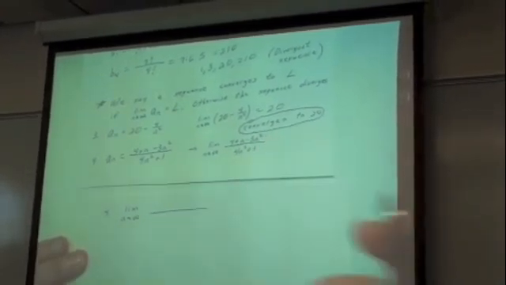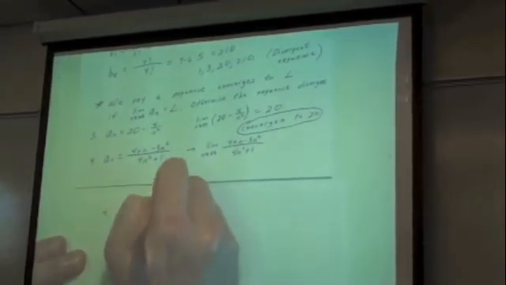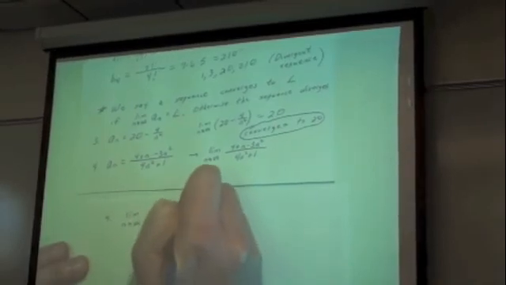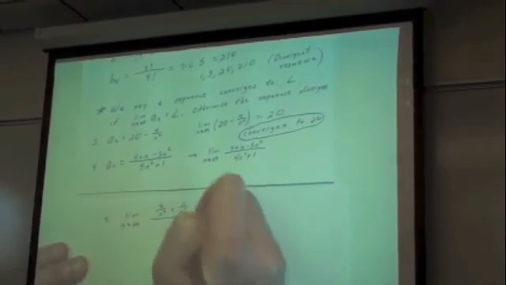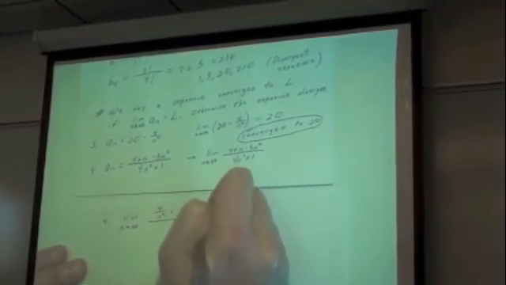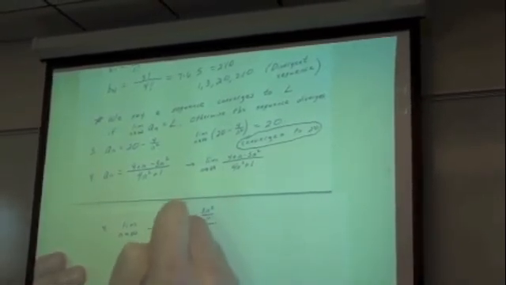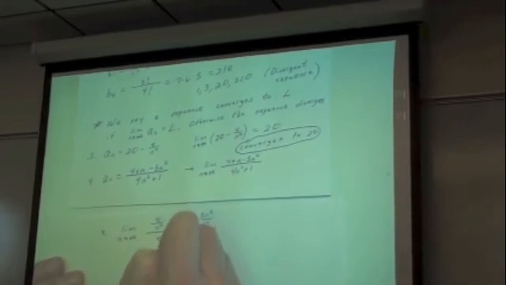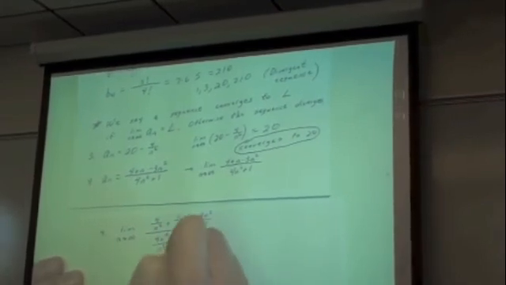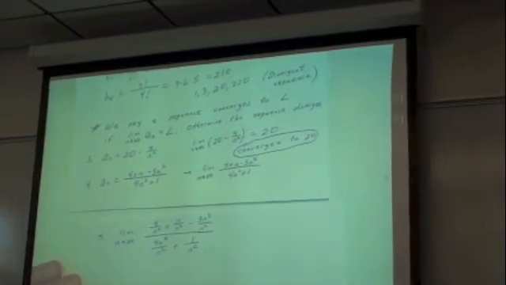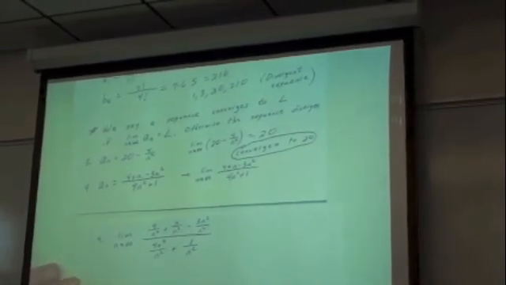So I'll divide everything by n squared: 4 over n squared plus n over n squared minus 3n squared over n squared, over 4n squared over n squared. All I'm doing is dividing the numerator and denominator by n squared, so that's certainly algebraically legal.